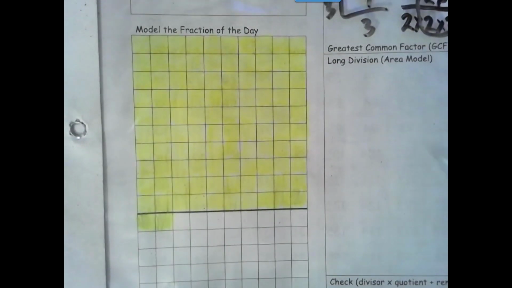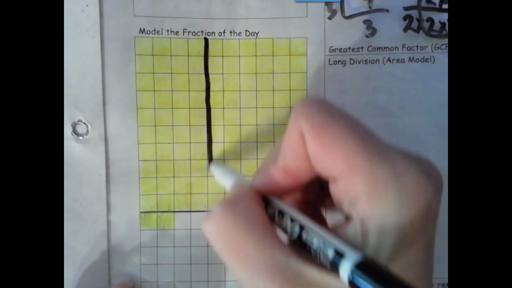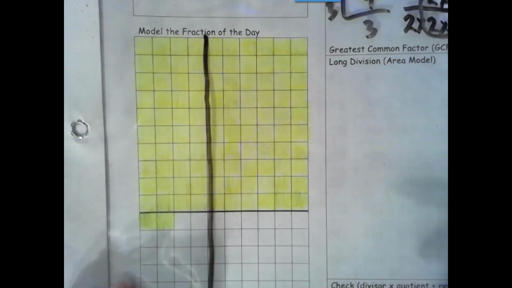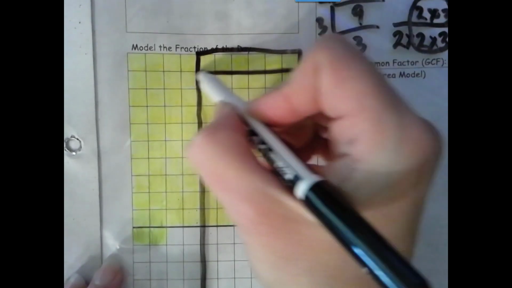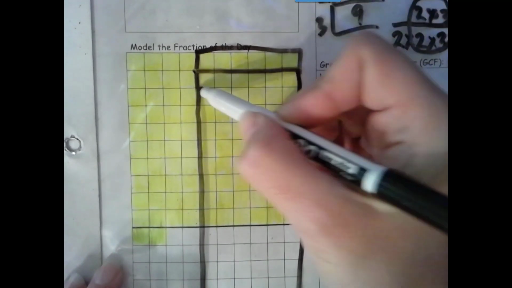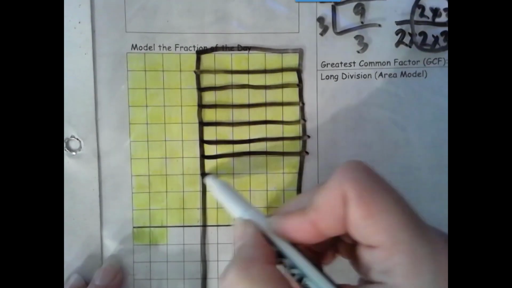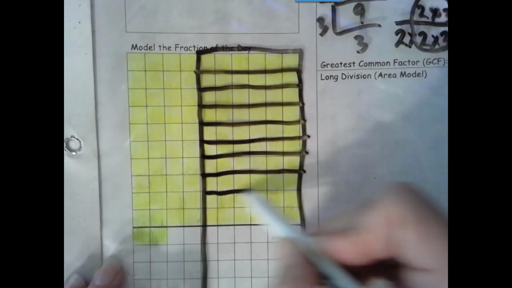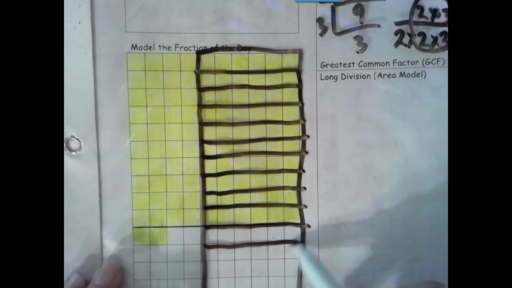Okay, let's go ahead and make our groups of 6. So I'm going to cut 4 off of each row of 10 to make my groups of 6. You do not have to make your groups like mine, just make sure there are 6 in each group. And you keep your shaded separated from your unshaded, because otherwise we have fractions inside fractions.